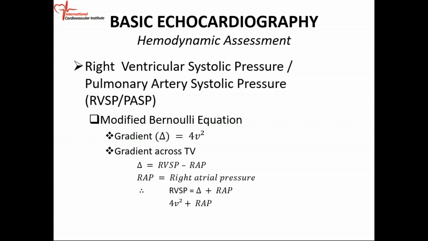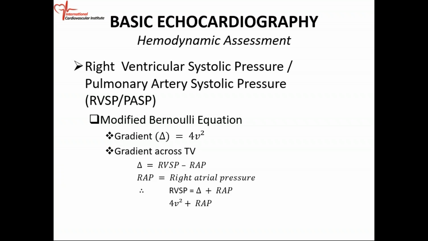In systole, blood is going to flow from the right ventricle across the tricuspid valve into the right atrium. For blood to flow in that direction, you should know that the pressure in the right ventricle has to be greater than the pressure in the right atrium, because we already established the principle that fluid is only going to flow from a high pressure area to a lower pressure area.